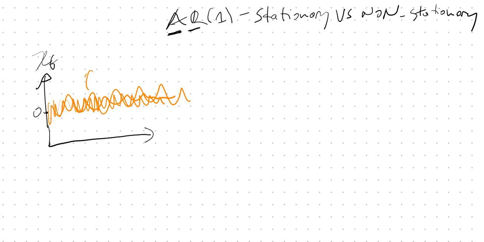But rho will not exceed 1, it can be 0.7, still less than 1.